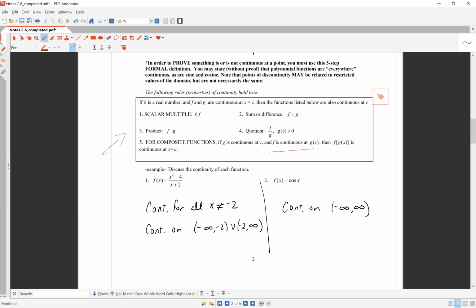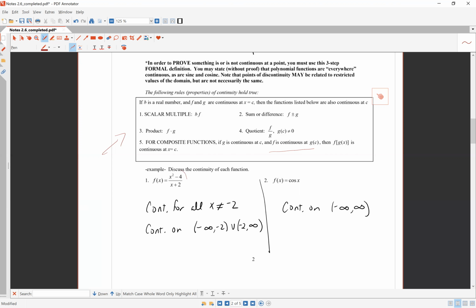Okay, so here, students, let's look at one. We have the quotient. Polynomials are continuous everywhere, so x squared minus 4 is continuous everywhere. x plus 2 is continuous everywhere, but that function is going to be 0 at x equal to negative 2.